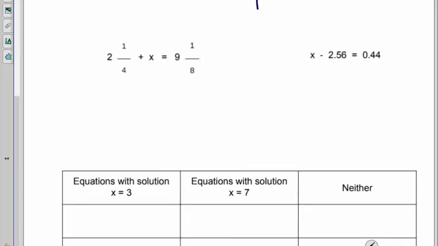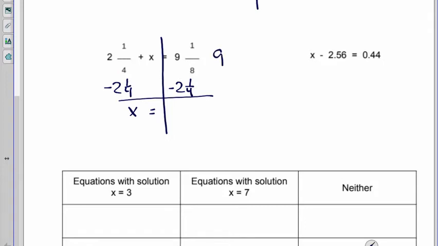I have 2 1/4 plus x equals 9 1/8. I undo addition with subtraction, so I can subtract 2 1/4 from both sides. I have x equals, and now I have a different denominator, so I need a common denominator before I can solve this. So I'm going to go to eighths, so I get 9 1/8 take away 2 2/8, multiply top and bottom times 2.